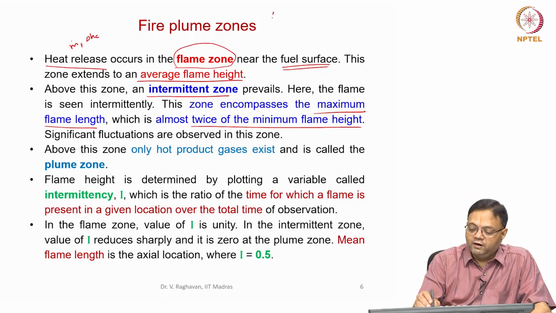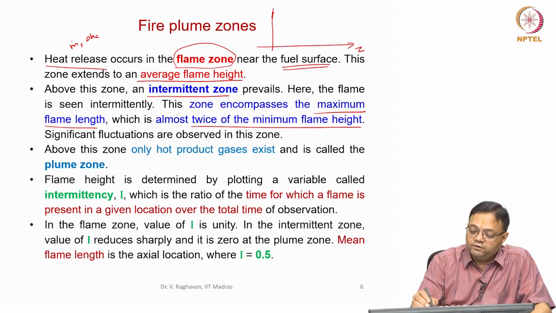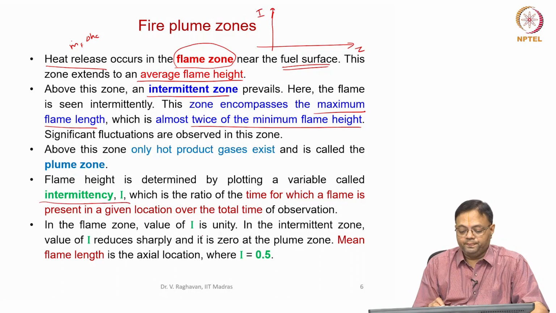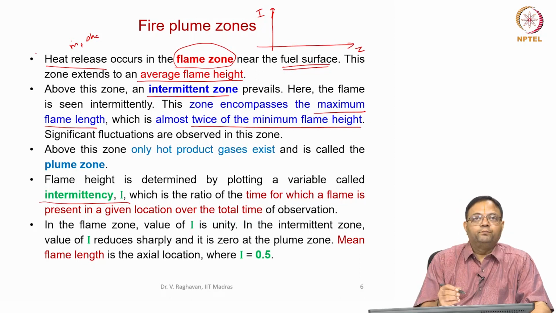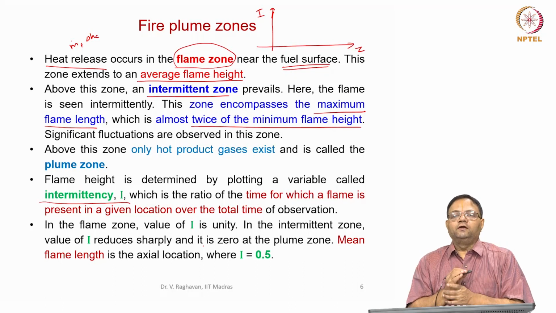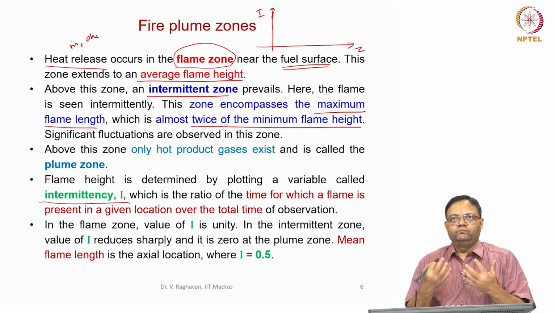Now, I will say this is the direction, and this is a parameter called intermittency I. For example, I monitor the visible flame, or some chemical component. Optically I see some chemical component of a flame, like CH, OH, etc., which signifies that there are some reactions taking place at that particular location.